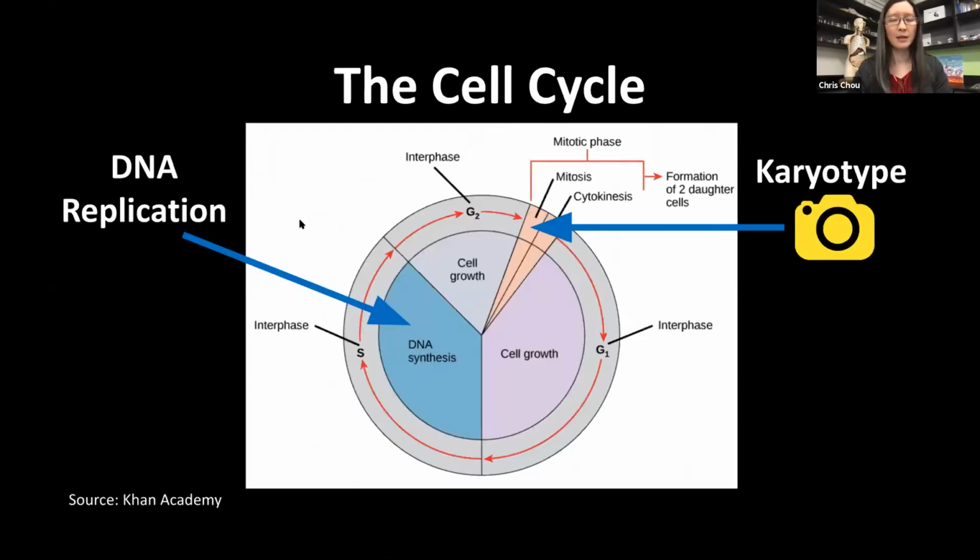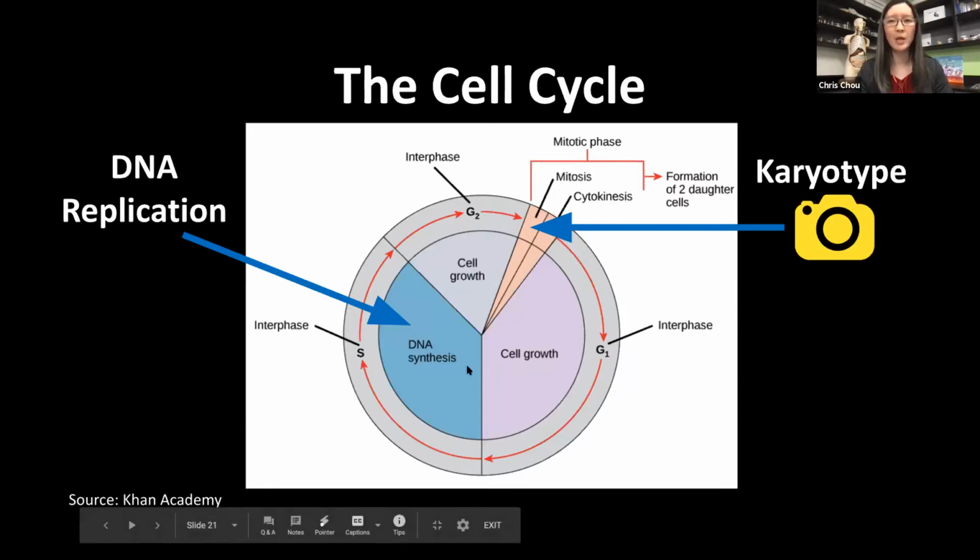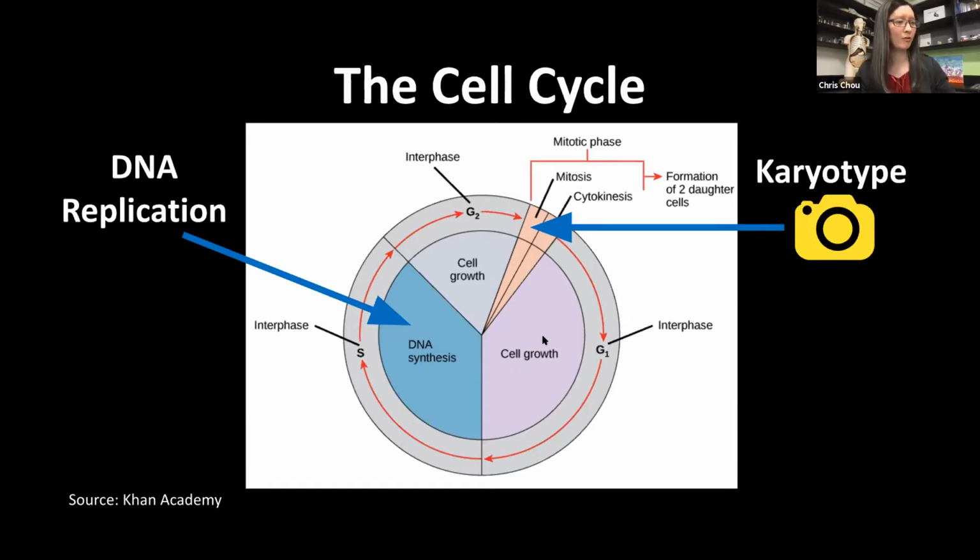All right. So with that, as we talk to students about how we get this picture of the chromosomes, it's important to talk about the cell cycle and put that into context for students. The cell cycle describes the life cycle of a cell from where it's in G1 in its regular growth phase to all the way to S, where the chromosomes get duplicated or replicated in DNA synthesis.